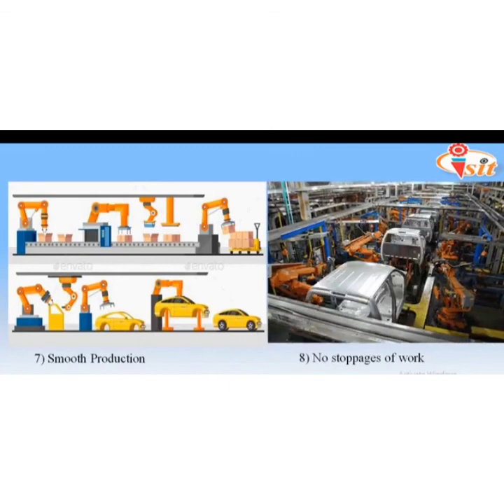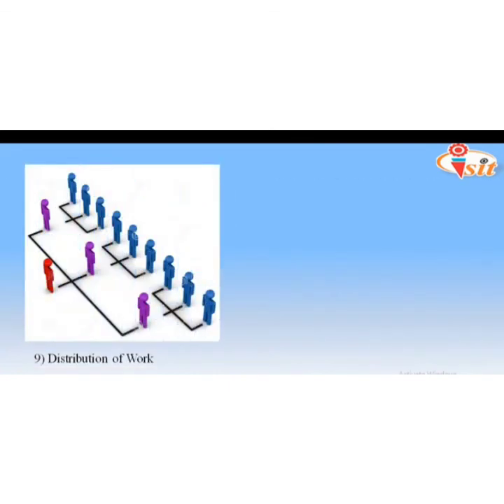Our next job need is distribution of work. In every company, whatever work is to be carried out, that entire work cannot be completed by a single person or two or three persons. Thus the distribution of work is very much necessary.